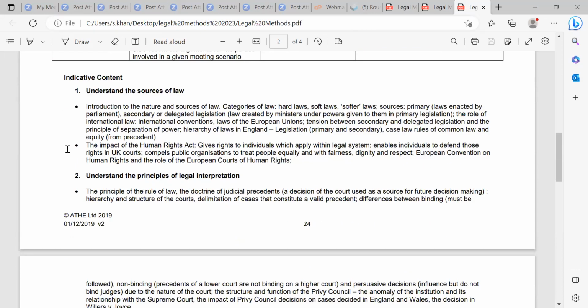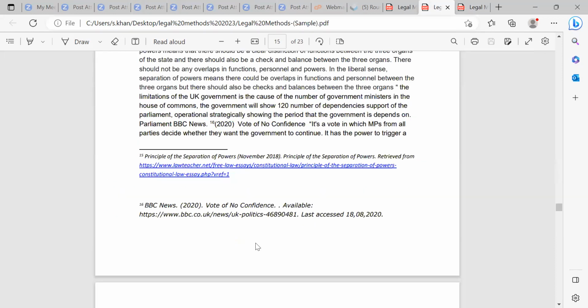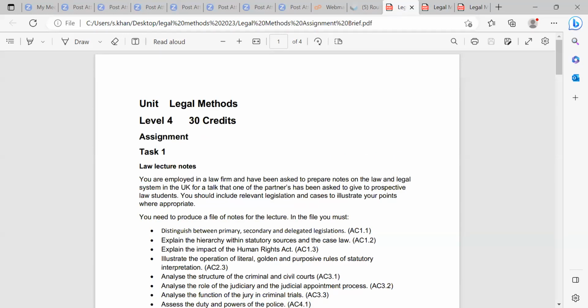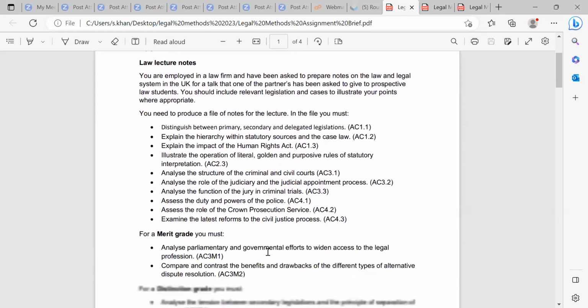So if you feel comfortable doing all the passes, then you will pass, as long as you answer the questions that it requires of you. So when we go back to the assignment, you need to produce file notes on all those areas. So it says distinguish between primary, secondary and delegated legislation.